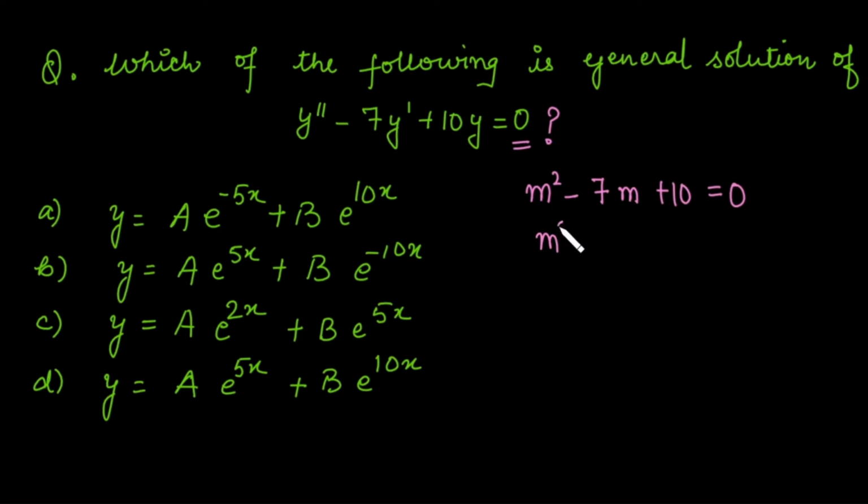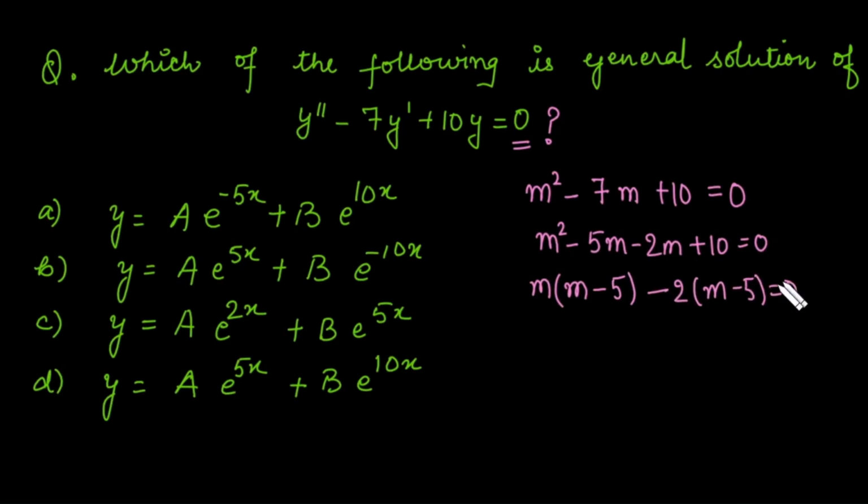So we can write this as m square minus 5m minus 2m plus 10 equal to 0. This can be written as m minus 5 into m minus 2, times m minus 5, equal to 0. So m minus 2 into m minus 5 is equal to 0. From here the roots are 2 and 5.